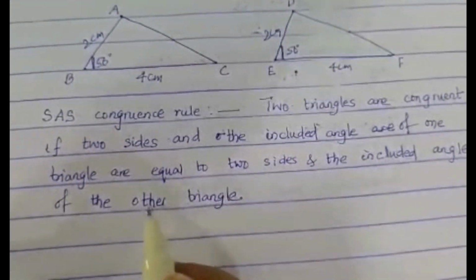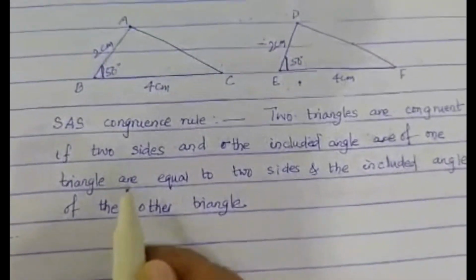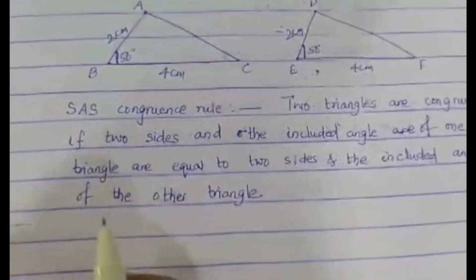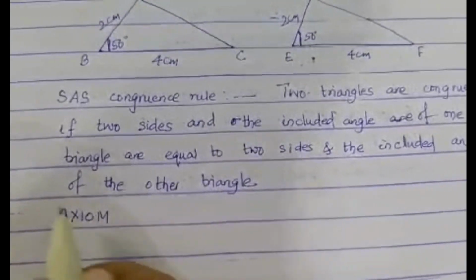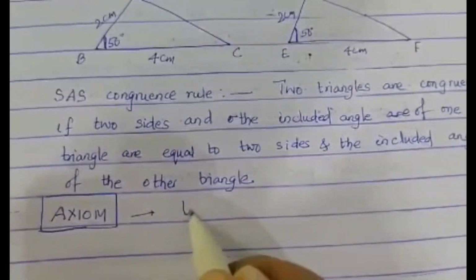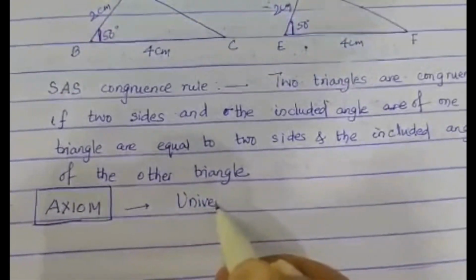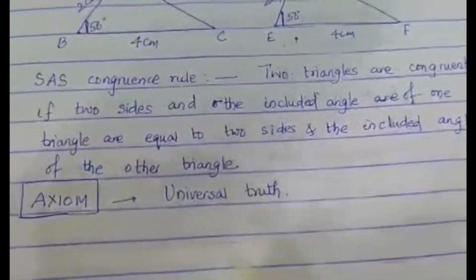Okay, and with the previously known results we cannot prove this thing, so this has been considered as an axiom. So this is called axiom. Okay, so it has been assumed as universal truth because we don't have the proof.